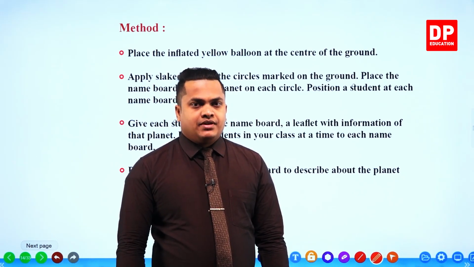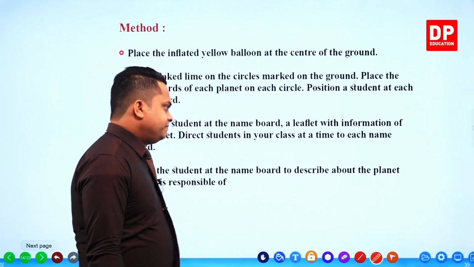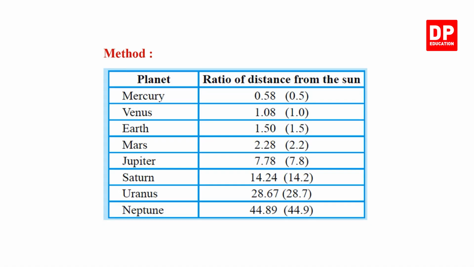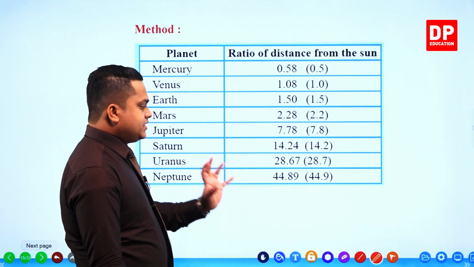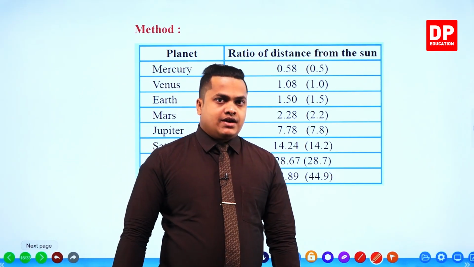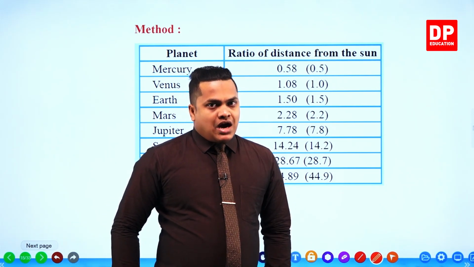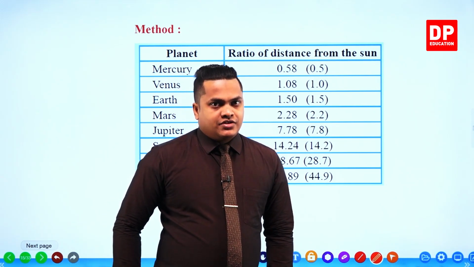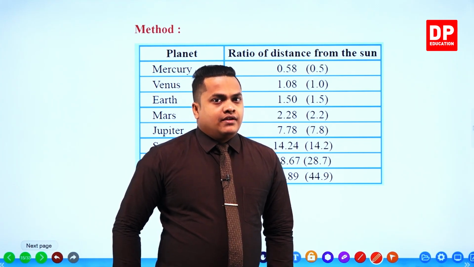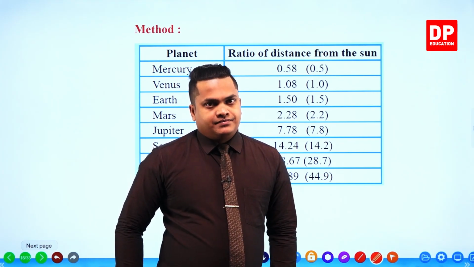So it's really simple. Then the next thing, my dear children, now I told you that we have to mark the distances. Here we are comparing the distances. When you are marking these distances, I told you that we have to use a scale.